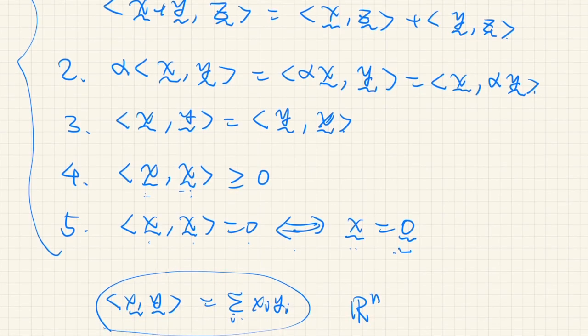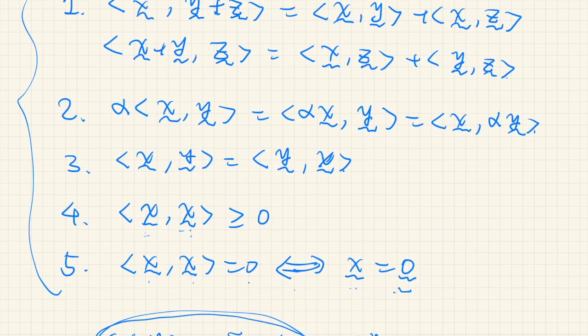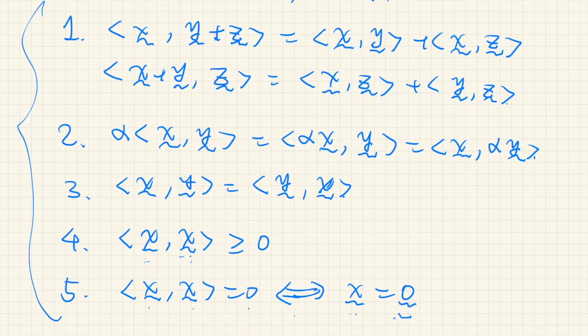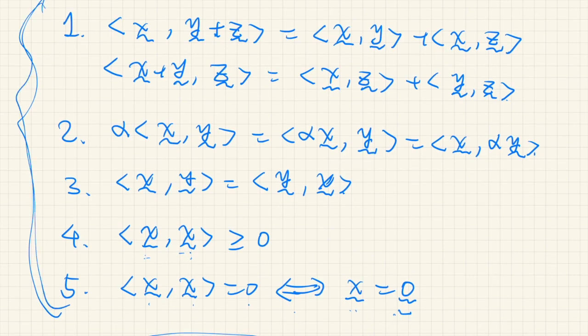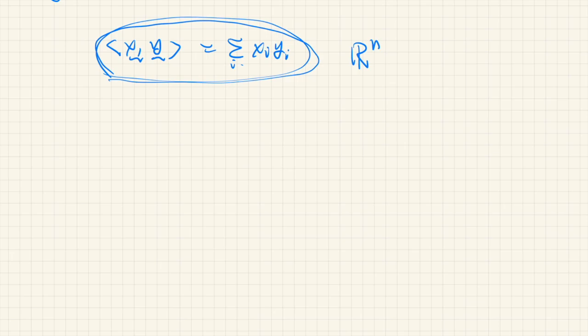But here, we don't adopt any concrete definition of the inner product, but instead, we define the inner product as any bivariate function from H times H to R such that these conditions are satisfied. Okay, so this is the abstract way of defining the inner product. And anyway, if we have this inner product, it induces a norm. So we can define a norm of the vector x as the square root of the inner product between x and x.